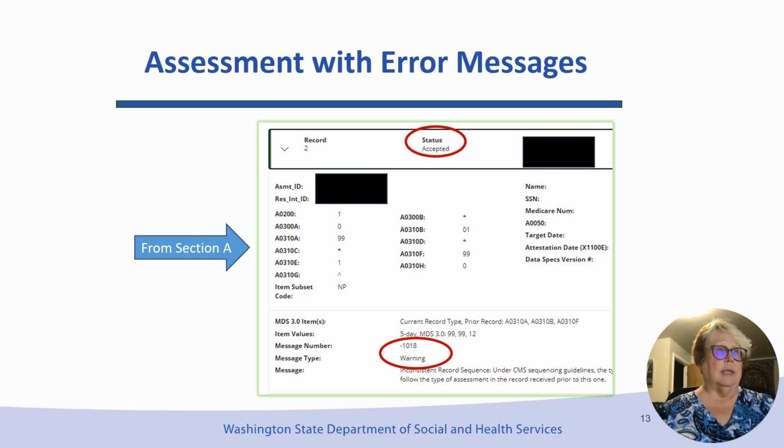You can see that this was accepted. However, it did have a warning message, and each message has a warning number. This one says 1018, and this is a warning, and it's telling you that you put the 5-day in a sequence that CMS was surprised by, but it was still accepted. It's in the database. It's fine, but you may need to know that particular piece of information for your QAPI program.